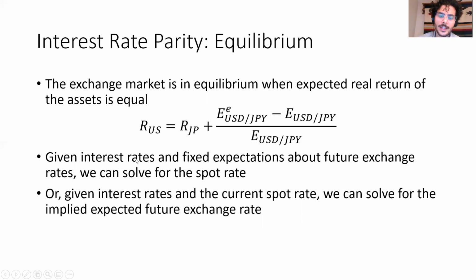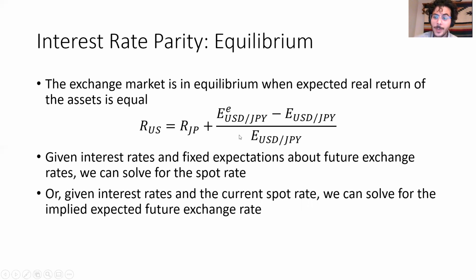One is, we know interest rates and fixed expectations. What's the equilibrium exchange rate going to be? So if we have actors and we know their expectations and we know the environment, the interest rates, we know what the equilibrium is going to be. But in the real world, the things that we can generally observe are interest rates. These are published daily or hourly on all sorts of places like Bloomberg.com.